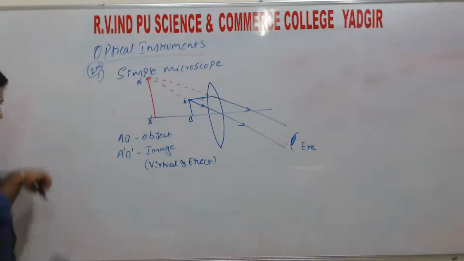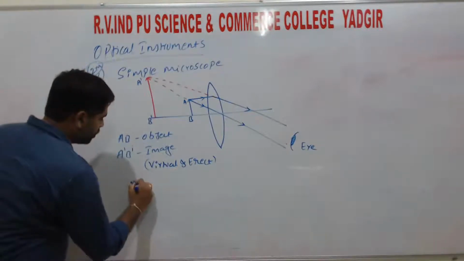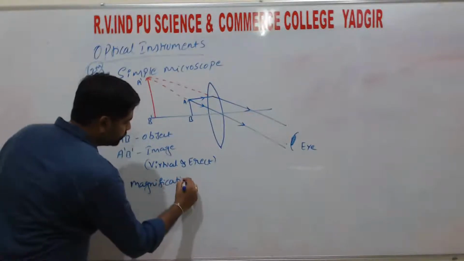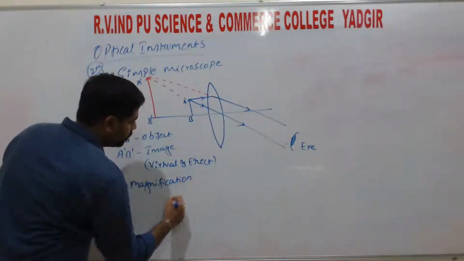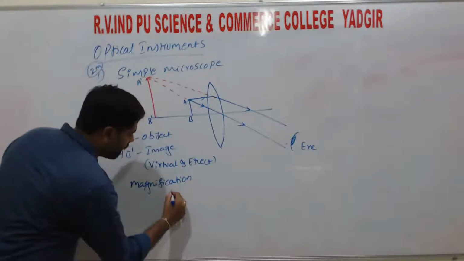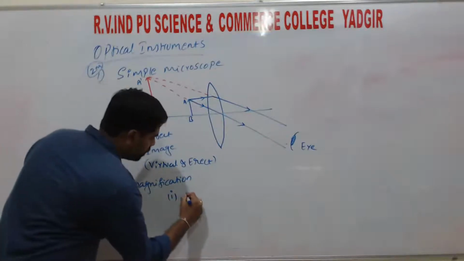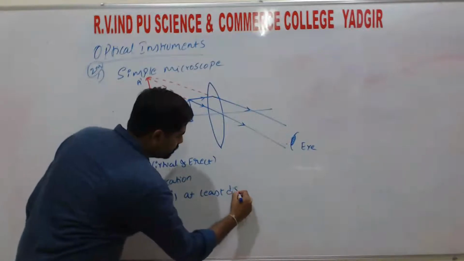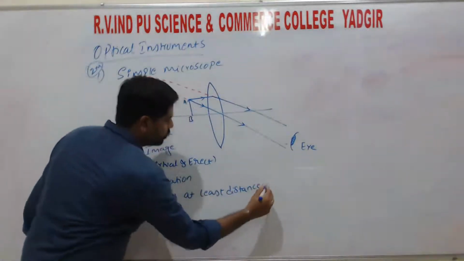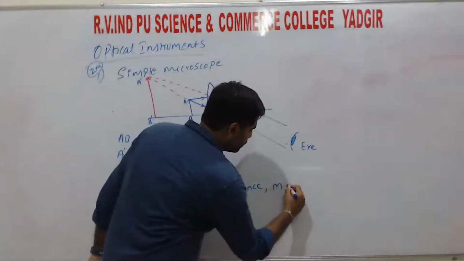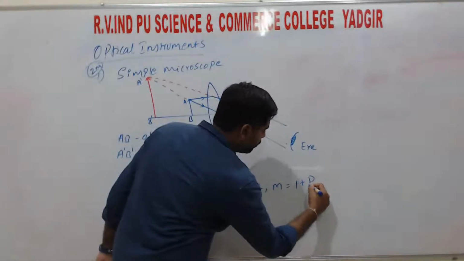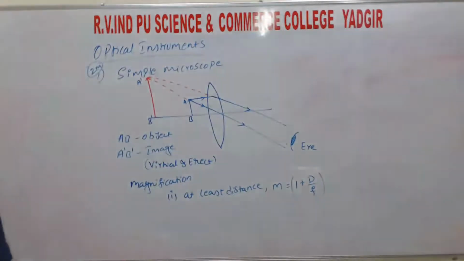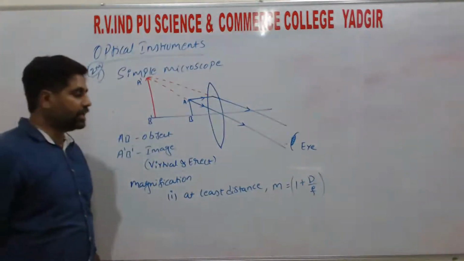Next, magnification. In that we have two cases. Magnification at the least distance: m is equal to 1 plus D divided by f, where D is called the distance of least vision.